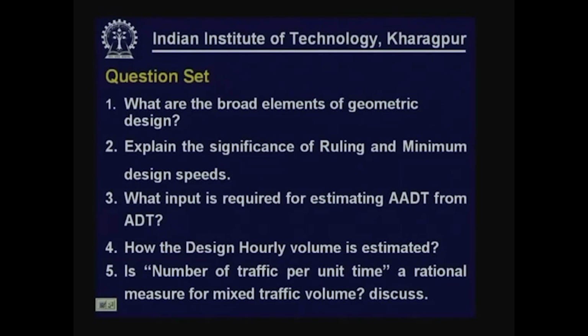Question 2: Explain the significance of ruling and minimum design speeds. Whenever design speed is specified, two values are available, ruling speed and minimum speed. You can try to explain the significance of that.